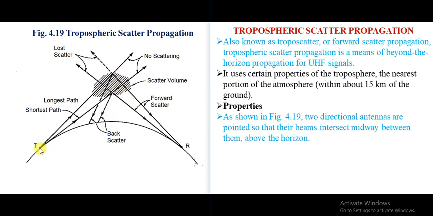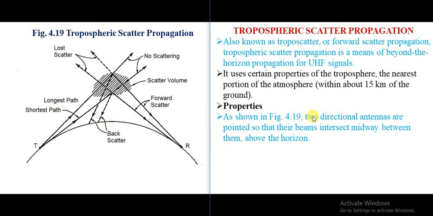Means if transmitter T and receiver R are located at a distance of say 100 kilometers, the waves transmitted by the transmitter must intersect in between, around say 50 kilometers. So 50 kilometers is the midpoint.